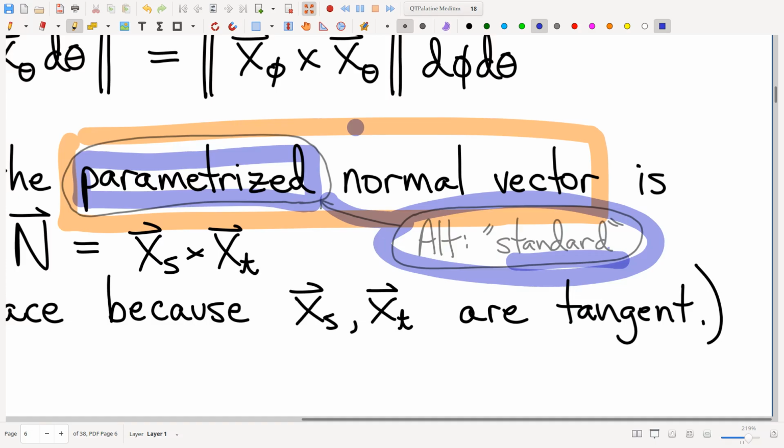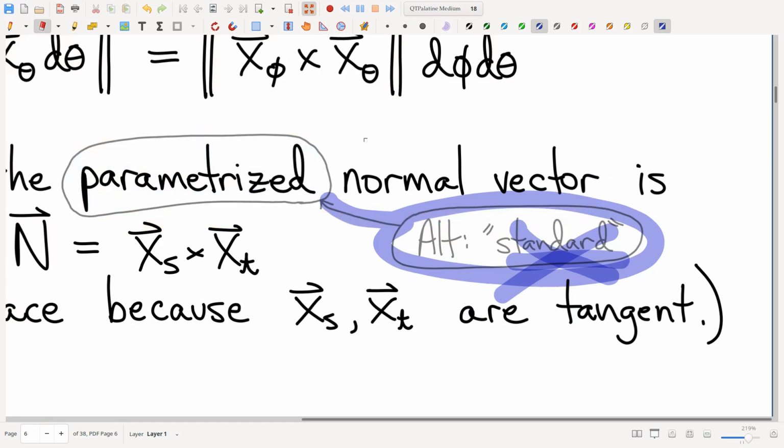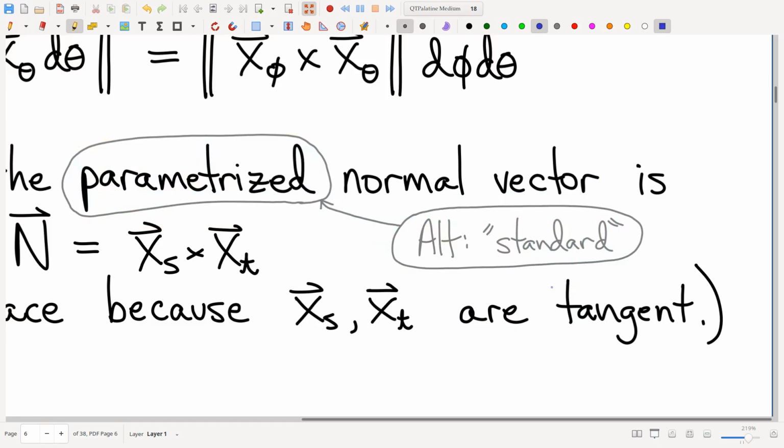But I think that's a justification, but that doesn't remove the confusion. I still think there's a potential for confusion with this term. So I'm not going to be using this term. You may see it elsewhere. It doesn't matter. That's fine. I'm going to be calling it the parameterized normal vector to emphasize unavoidably that this depends on the parameterization. All right, and that's going to be very important as it turns out.